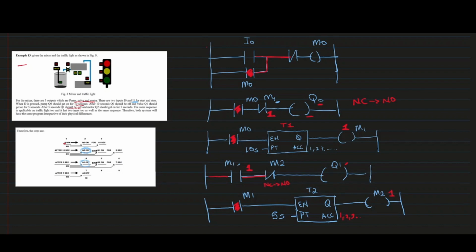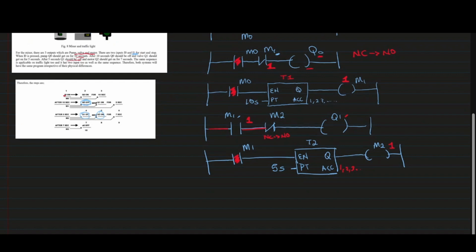Now, next is, how can we design M2 to turn on Q2? Simply follow me. It's going to be M2. Since we want it to start Q2, we're going to design it as a normally open contact.